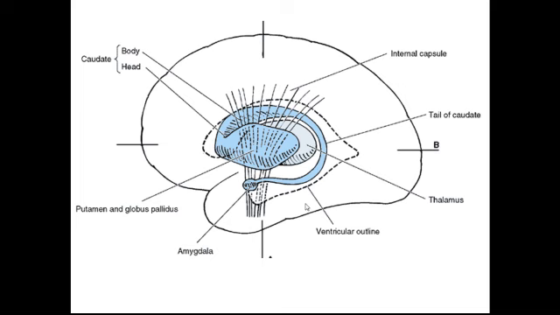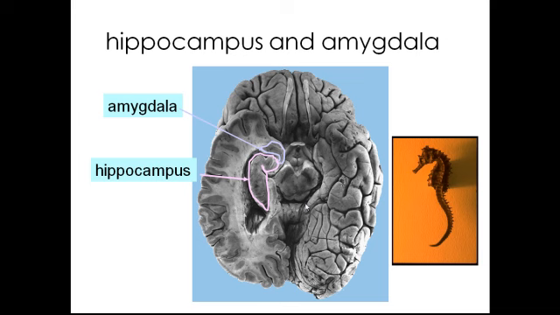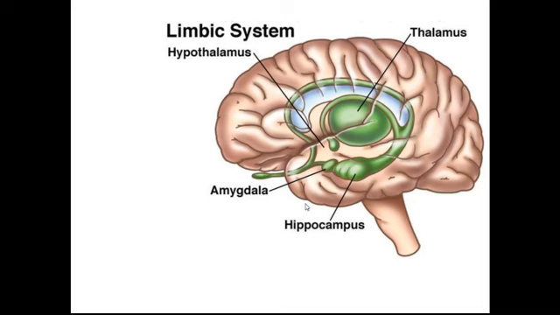It is present at the tail of the caudate nucleus. Amygdaloid nucleus is present at the end of the tail of the caudate nucleus. It is also present anterior to the hippocampus. If we look at this inferior surface of the brain, we can see that the amygdala lies anterior to the hippocampus.